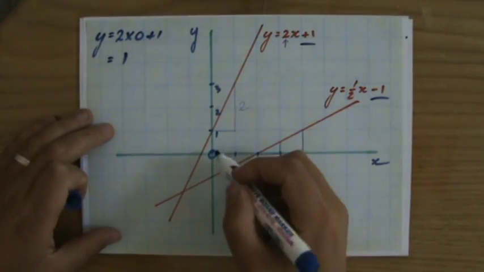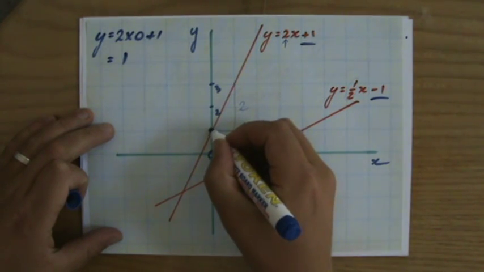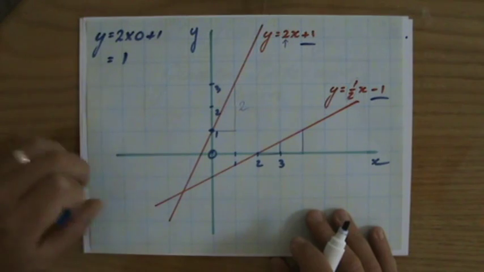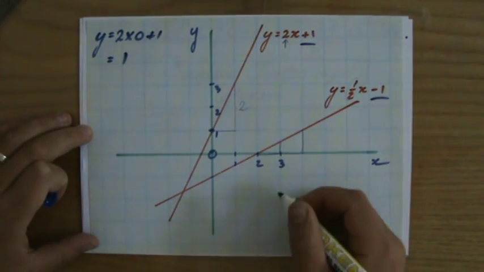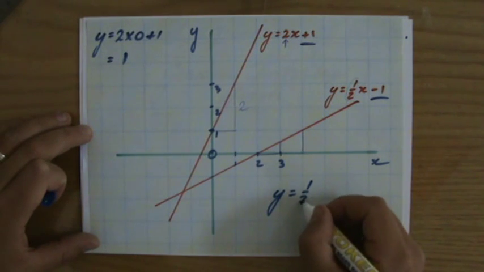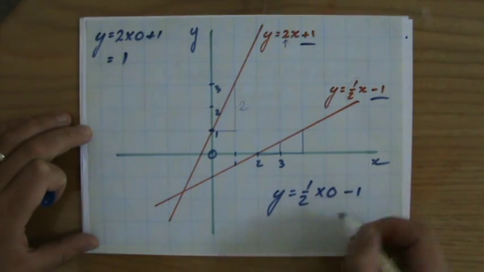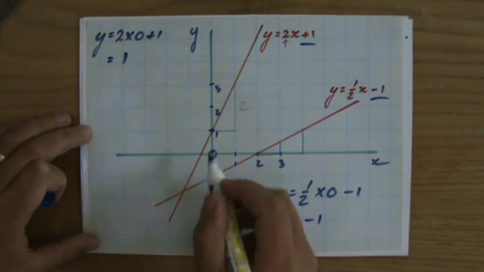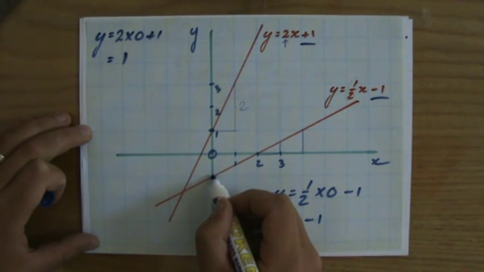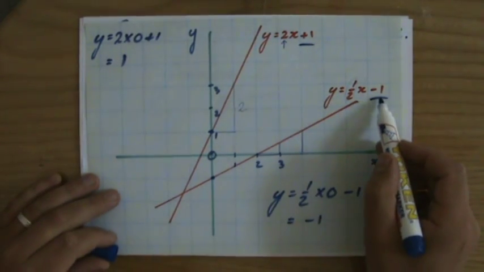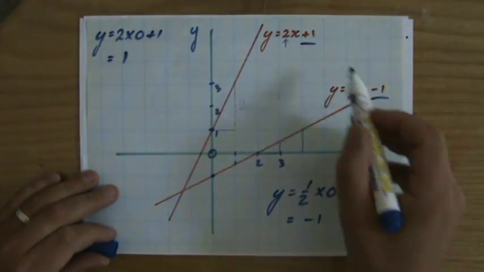And indeed, there it goes through the y-axis at point (0, 1). And for this equation, when x is 0, y is a half times 0 minus 1, that is 0 minus 1, so the answer is minus 1. And as you can see, it goes through the y-axis at minus 1. Now what does that number, that constant at the end, tell you?